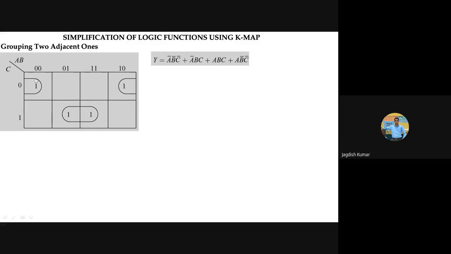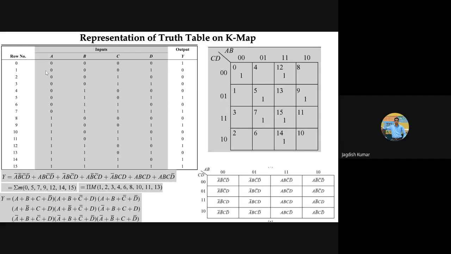Now, what will be the terms? You don't need to recall that table every time, that previous one where we had written all the min terms in the table. We don't need to call this table again and again. Don't worry. It can be seen from here as well. So this is A complement, B complement, C complement, D complement. So in this cell will be A complement, B complement, C complement, D. That's what it is.